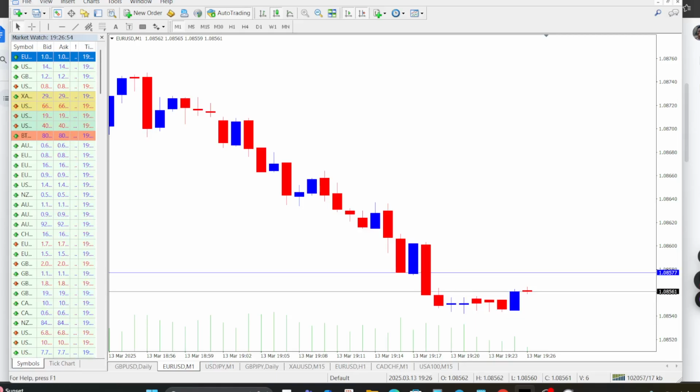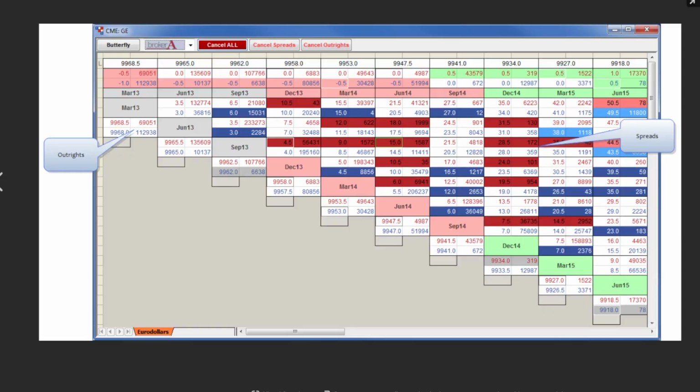Now, let us talk about how to actually use the spread matrix in your trading routine. First of all, you have to set up a spread matrix. You might not find it in every platform, but when you find the spread matrix, you can just take advantage of it.